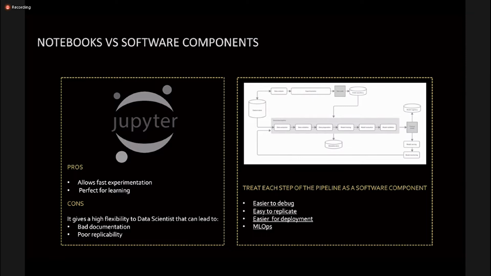For example, the data extraction process, then you have feature engineering, then you have training your machine learning model, then testing, and then deploying. So if you treat each step as a software component, it will be easier to debug when mistakes occur, and they always occur. It will be easy to replicate, easier for deployment, and treating each step of the pipeline as a software component is the basis for machine learning ops.